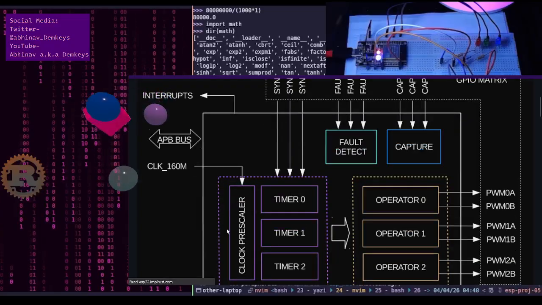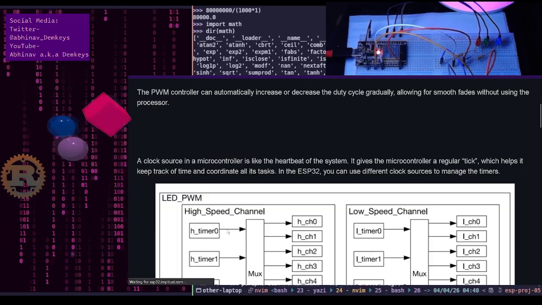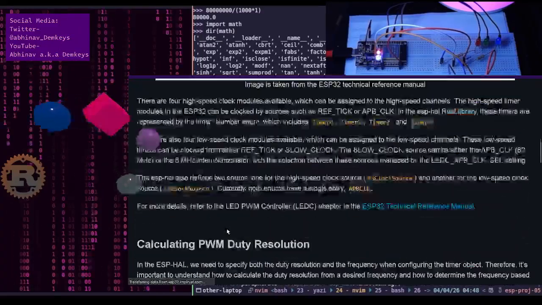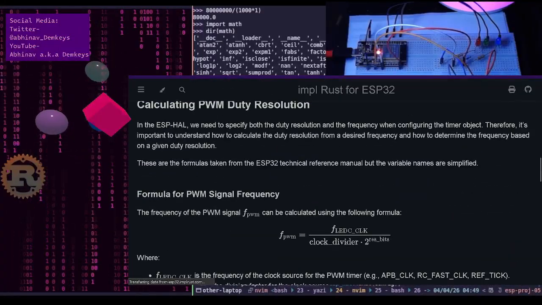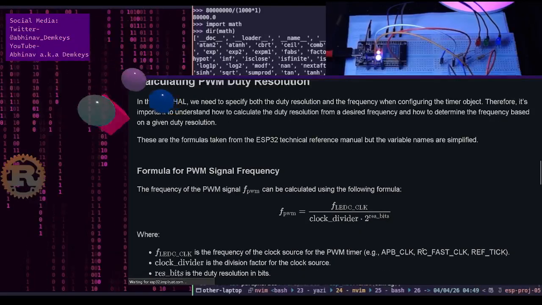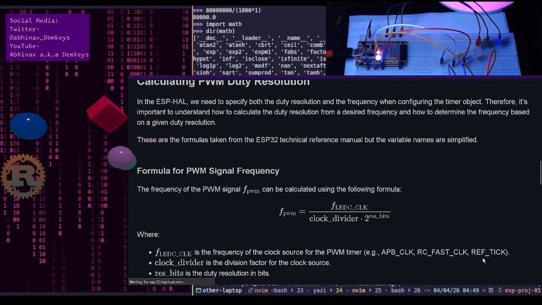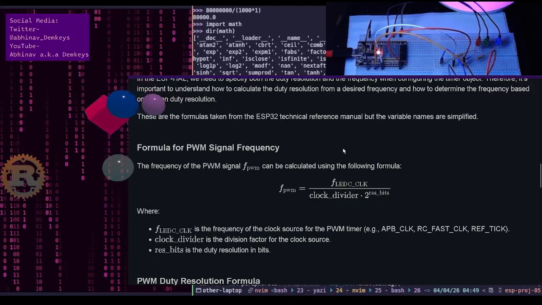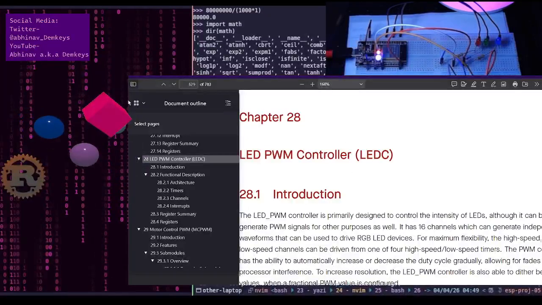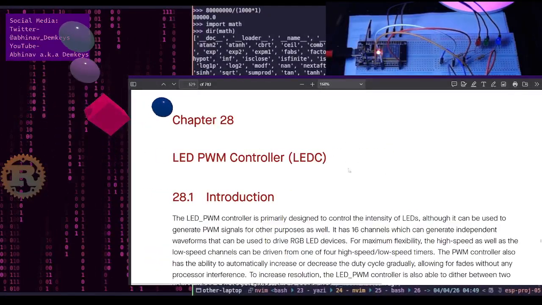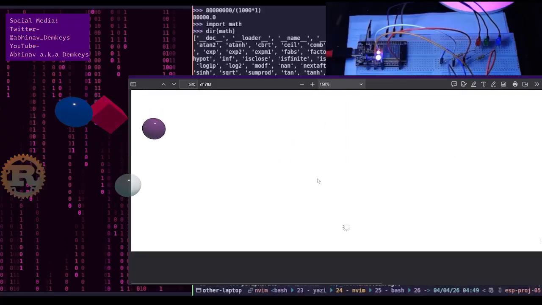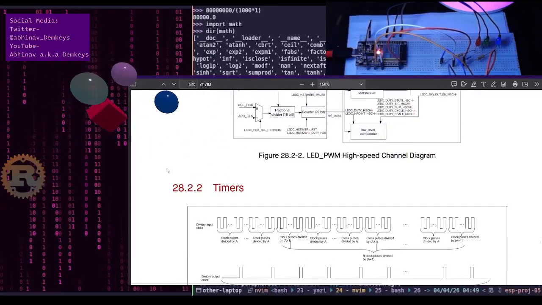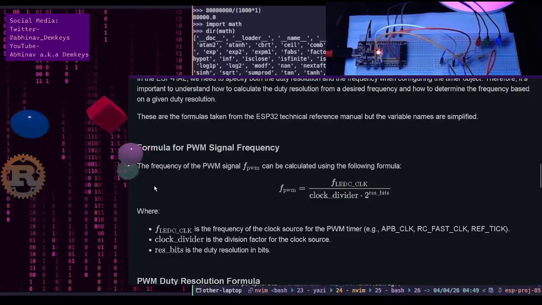Because there are other things involved here, like they're mentioning clocks. There were certain variables being mentioned: there's clock divider, there's something called RC fast clock, there's ref tick. All of this stuff I need to understand. And I guess the best way to understand it would be to read this side by side as well. I think I'm gonna do that.